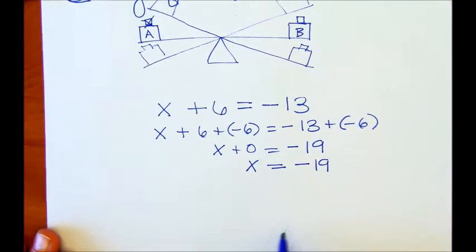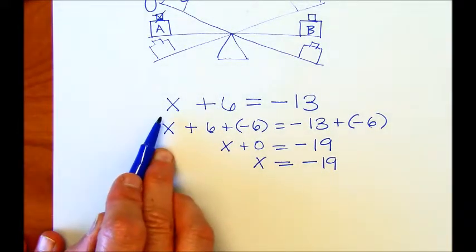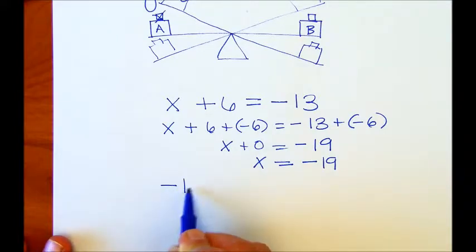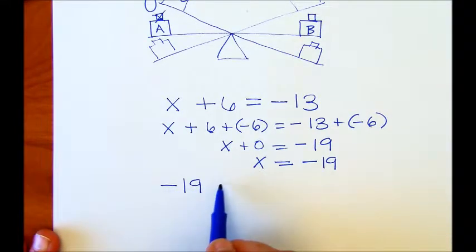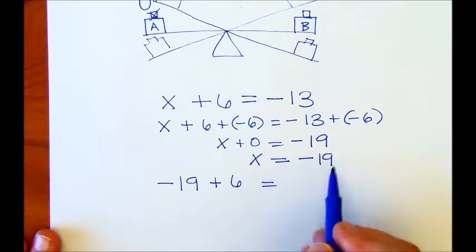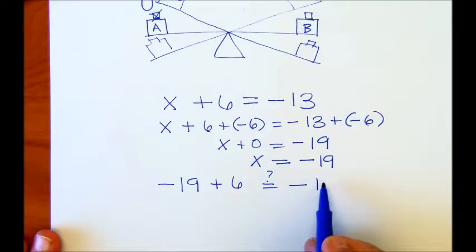Now, it's important to take this negative 19 and plug it back into the original equation to make sure you get a true statement. If I take this negative 19 and plug it in where the x is, and add 6 to that, what I'm trying to figure out is whether this is in fact going to equal negative 13.